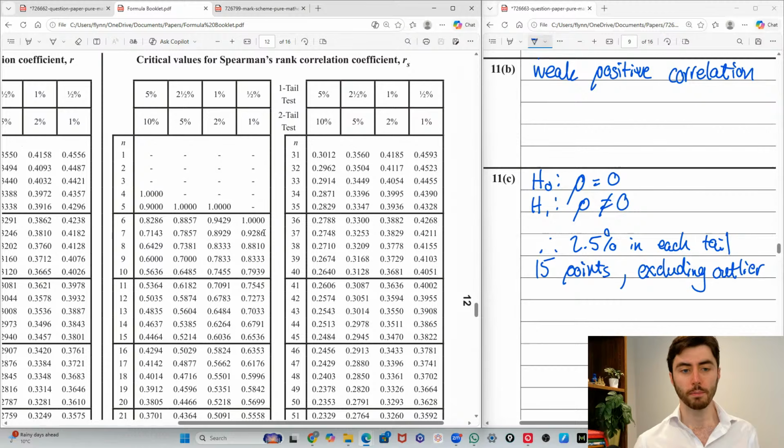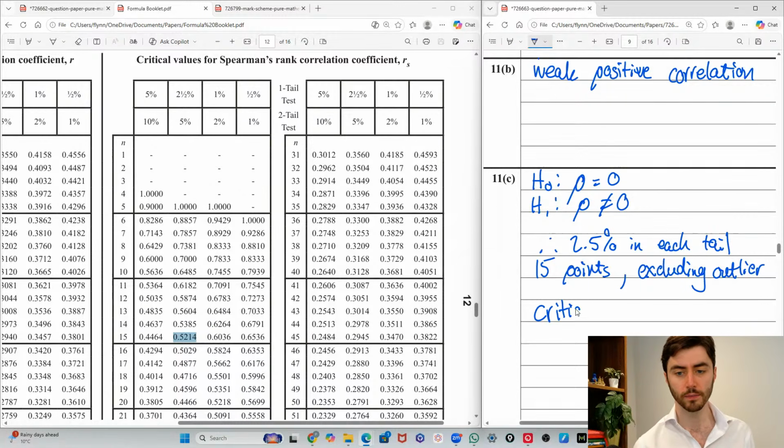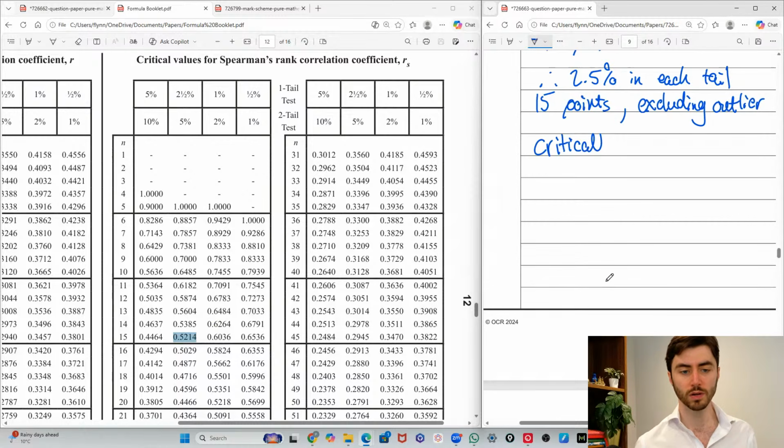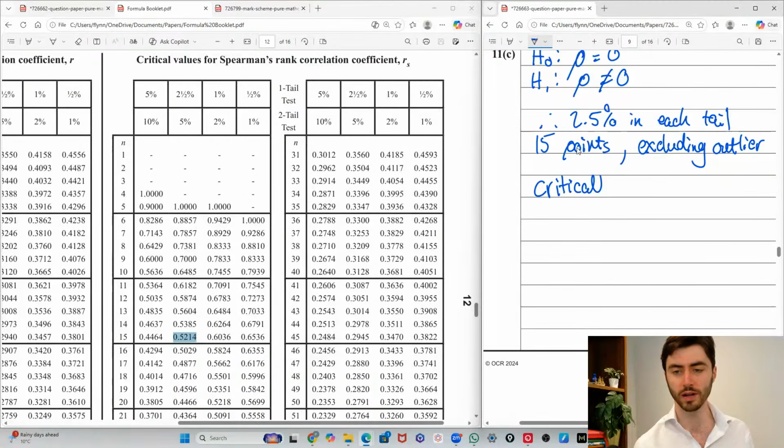But for n equals 15, for 5% two-tail tests, it looks like the critical value is 0.5214.